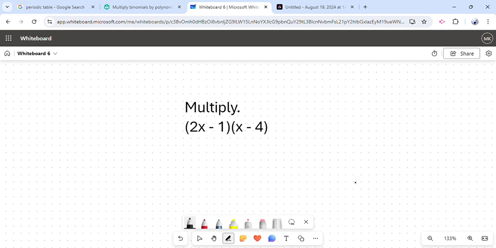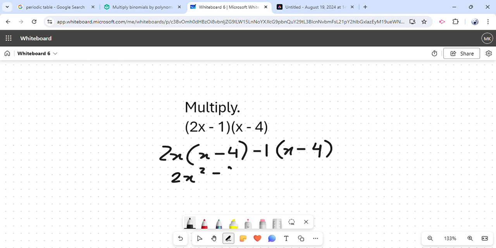So you can break apart 2x minus 1 into 2x and negative 1, and multiply each part by x plus 4. So you can do 2x times x plus 4 minus 1 times x plus 4, and then multiply it out, which gives you 2x squared plus 8x minus x minus 4.